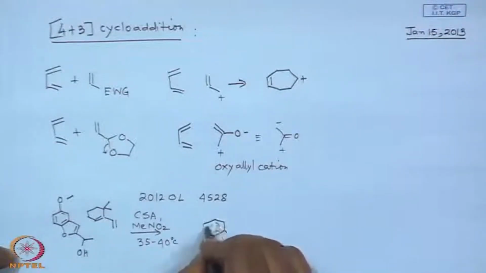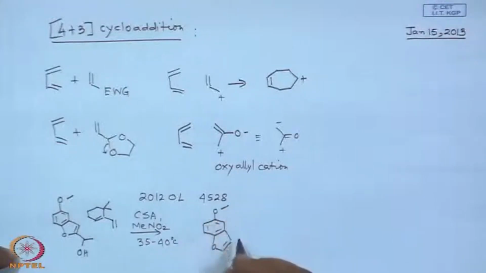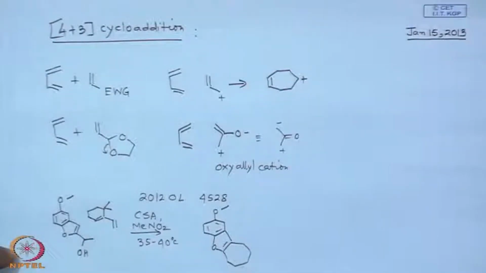You get a 7-membered ring, and then the cyclohexane gets fused, and this double bond, and then this methyl group here, okay.